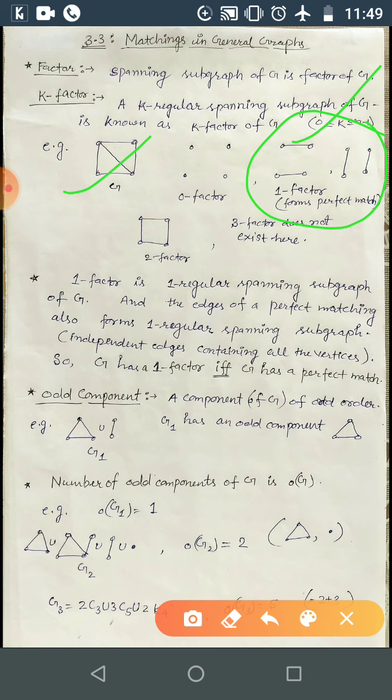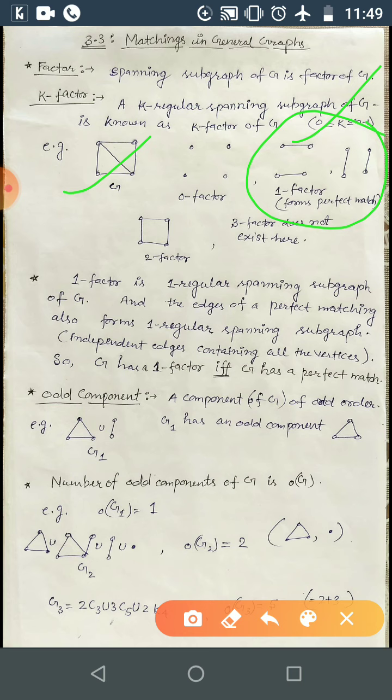Obviously in an odd order graph, 1 factor does not exist, because if 1 factor exists in an odd order graph, then it will be a 1 regular spanning subgraph. So 1 regular is not possible in case of odd order. If possible, then there will be an odd number of odd degree vertices, which is not at all acceptable, correct.